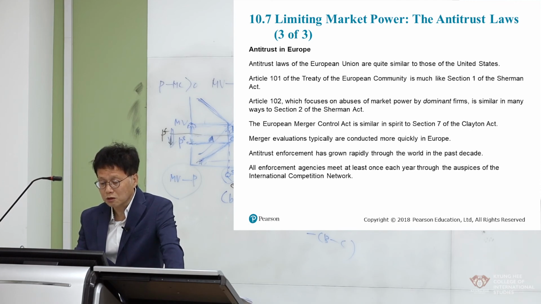Article 101 of the Treaty of the European Community is much like Section 1 of the Sherman Act in the US. Article 102, which focuses on abuses of market power by dominant firms, is similar in many ways to Section 2 of the Sherman Act. The European Merger Control Act is similar in spirit to Section 7 of the Clayton Act in the United States. Merger evaluation is typically conducted more quickly in Europe.